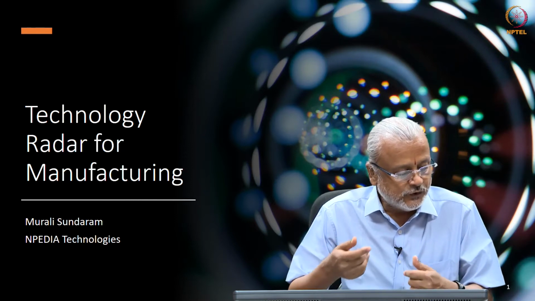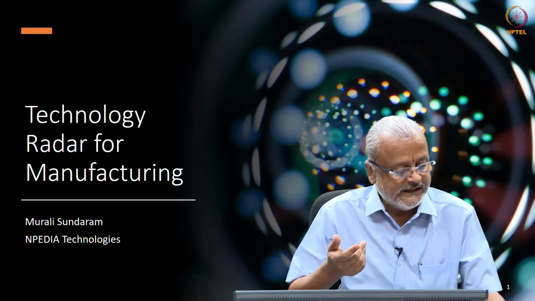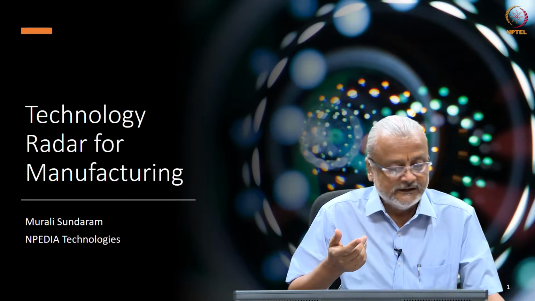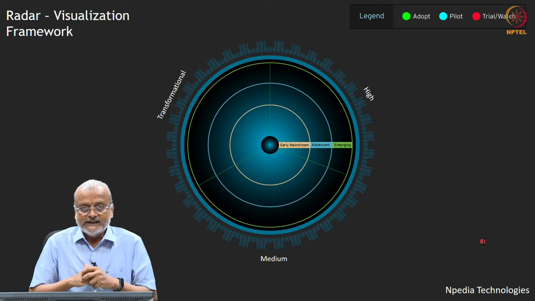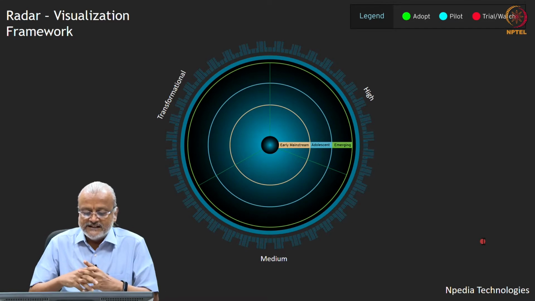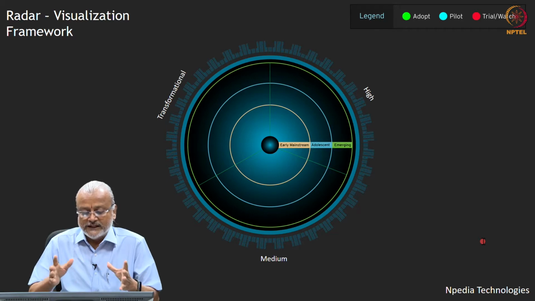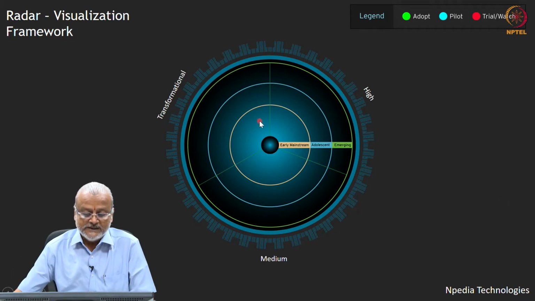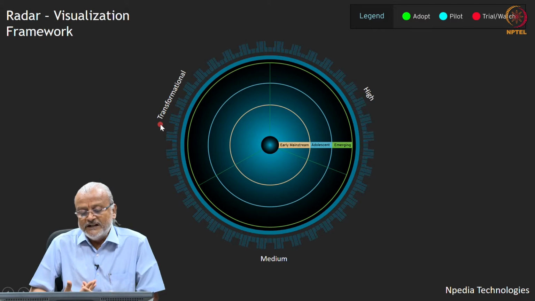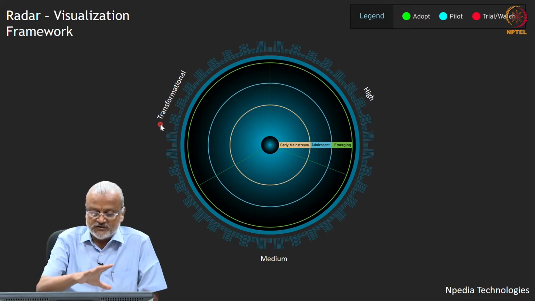So let's look into some of the components of the radar. In this radar, you will see three sectors, three rings and legends going around. Let me explain some of the pieces. The one that says transformational is talking about the benefits you could have in adopting technology in that sector.